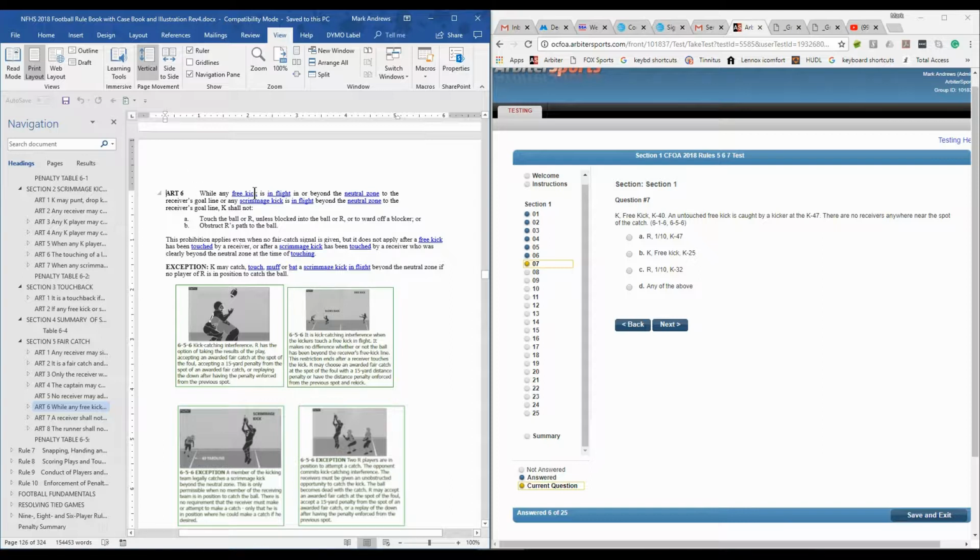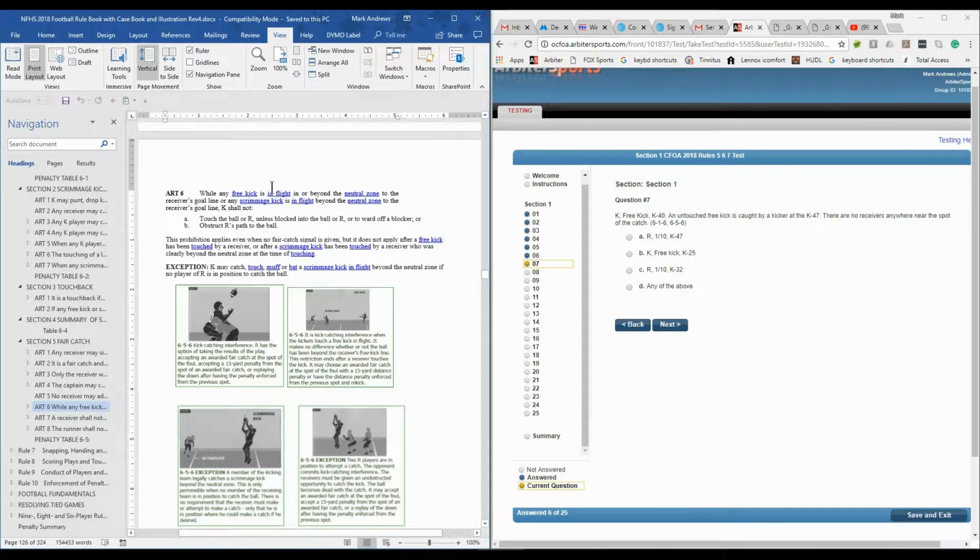While any free kick is in flight, which is what we have here, in or beyond the neutral zone, so anywhere past the 40, if it's in flight, and of course it would be in flight past the 40, to the receiver's goal line. So anywhere from the 40, if we're kicking off from the 40, that whole 60 yards that's left of the field, K is restricted.